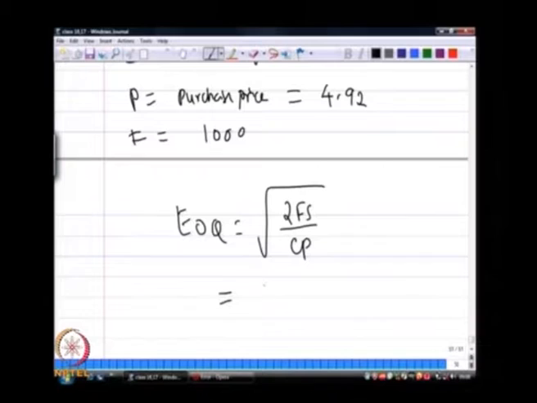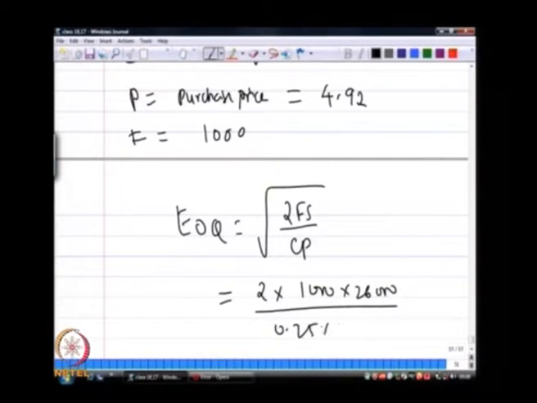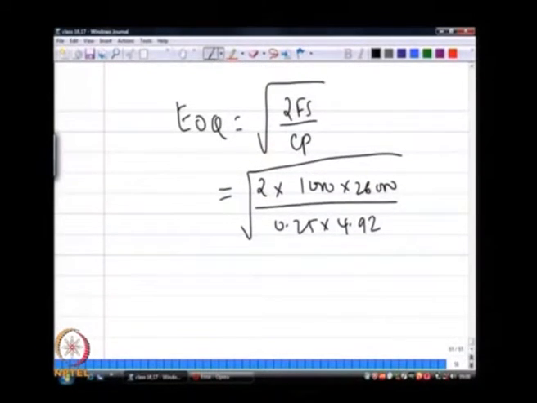Fitting it into this formula, 26,000 was your annual sales, 25% times 4.92. So, the economic order quantity is 6,500 units.